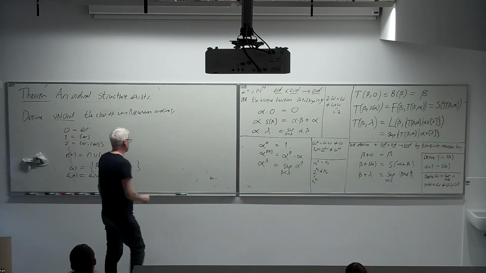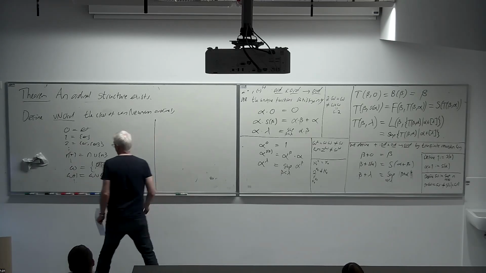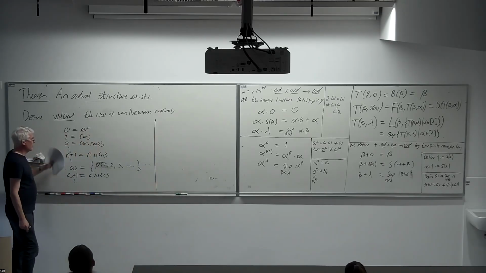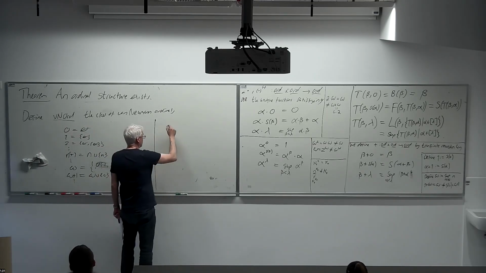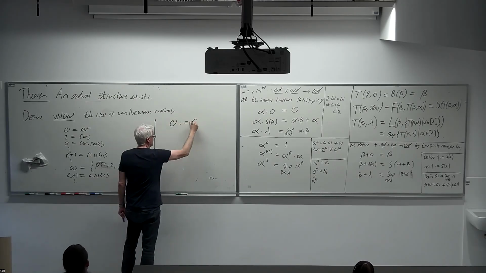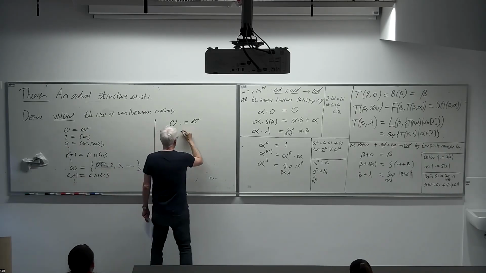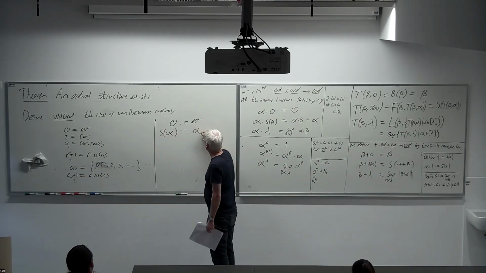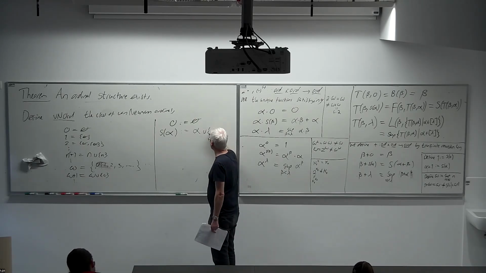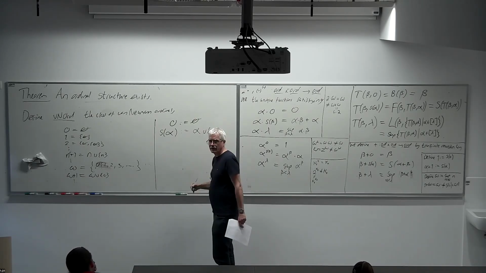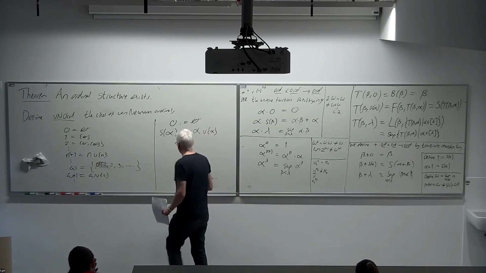And essentially, what we're doing is we're defining an ordinal structure generated by 0 is defined to be the empty set. The successor of an ordinal is defined to be the ordinal set together with its singleton, just as we defined the successor of the natural number.